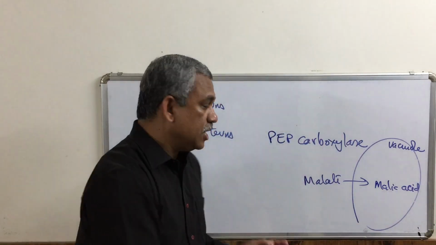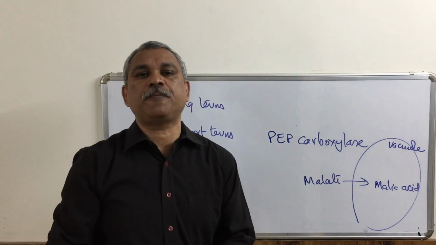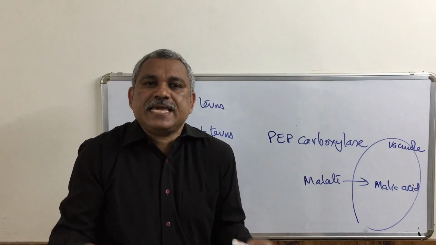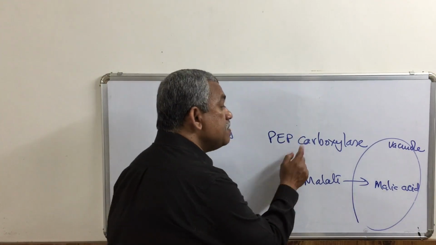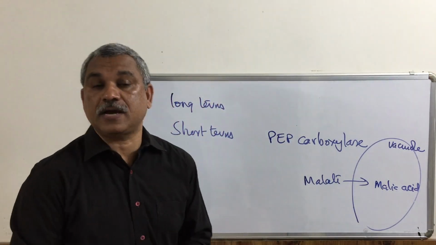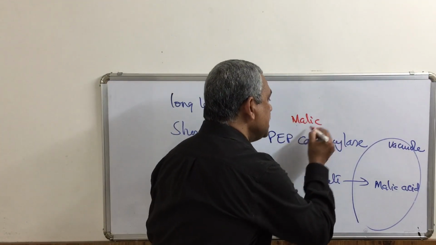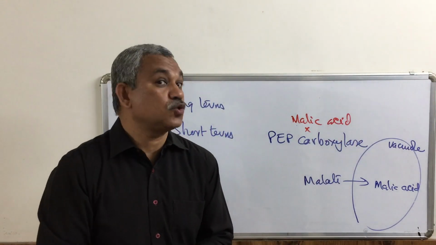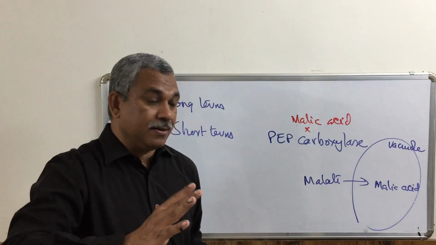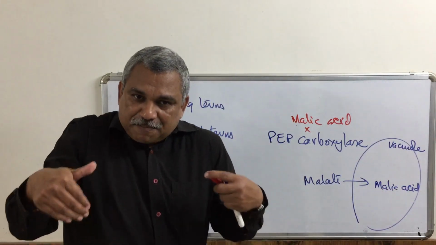Now what happens? If all the malic acid is transferred to vacuoles, in the cytoplasm the concentration of malic acid will be less. Malic acid is an inhibitor of PEP carboxylase. So by trapping it in the vacuole, what is the plant doing?